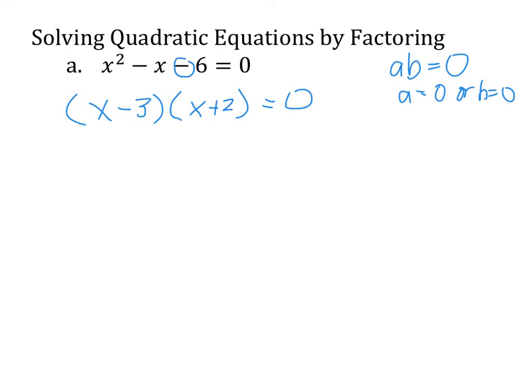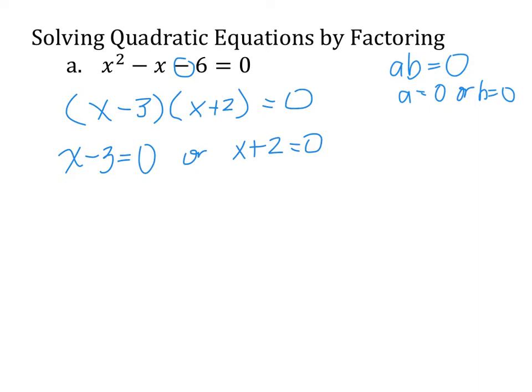So I'm going to state that x minus 3 is equal to 0 or x plus 2 is equal to 0. I know one of these factors has to be 0, so I'm going to solve for x when each of these is 0, and those are going to be my possible values of x.